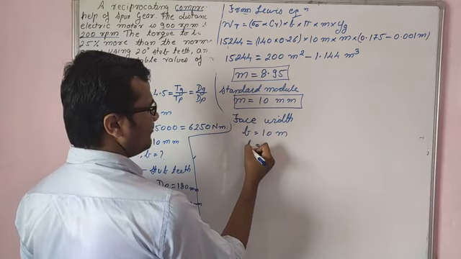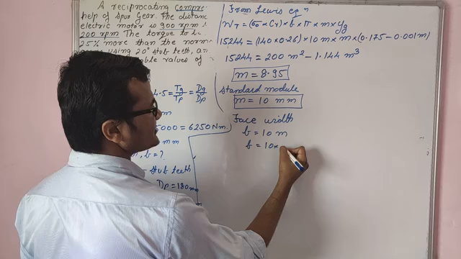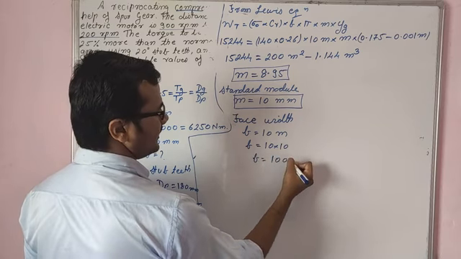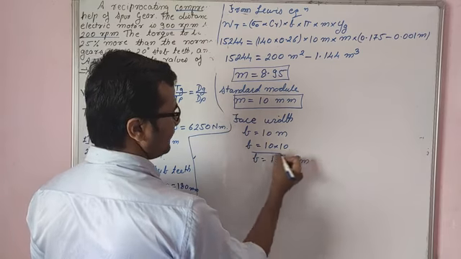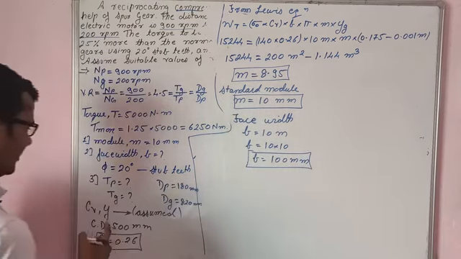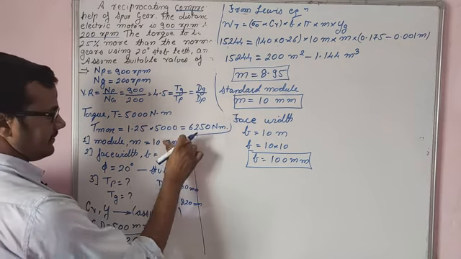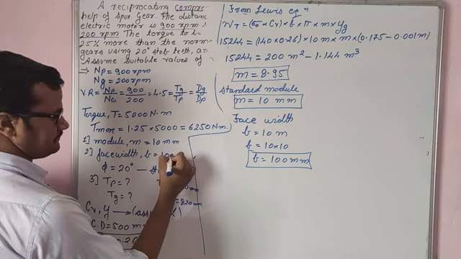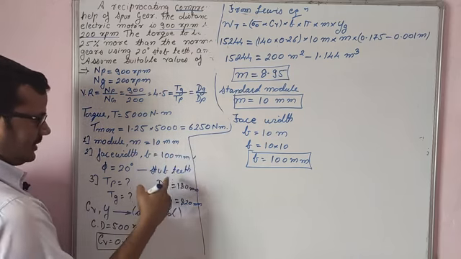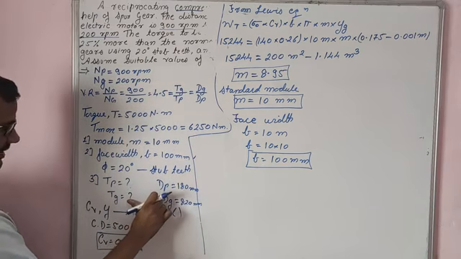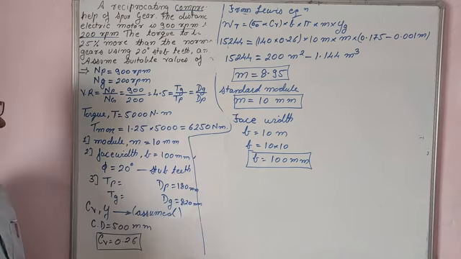So the value of B will be 10 times 10 mm, so the value of B will be 100 mm. That is your face width. So we have the value of face width B as 100 mm. Okay, we have dp, dg. The things which we are supposed to find are Tp and Tg.